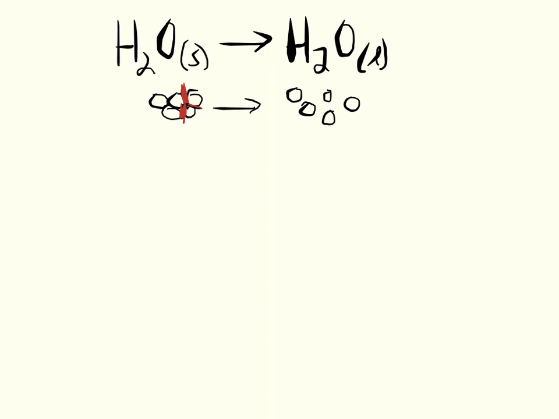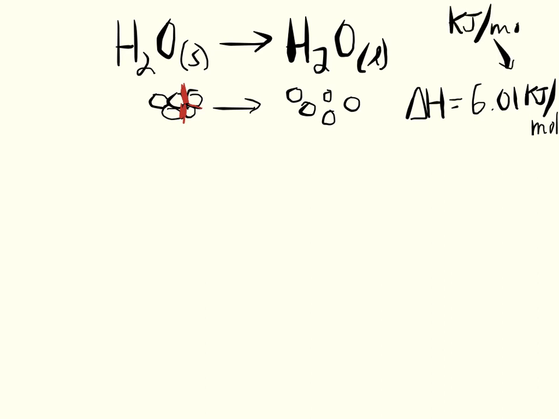And in fact, the enthalpy change for this process is 6.01 kilojoules per mole. So whenever you look up values of enthalpy, you'll almost always see them written in units of kilojoules per mole or joules per mole. This can be measured in an experiment.